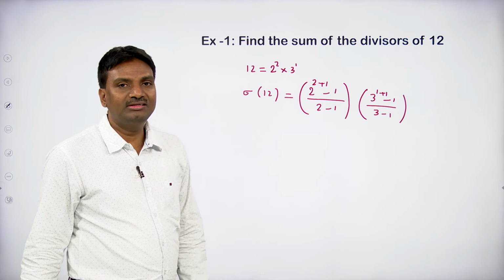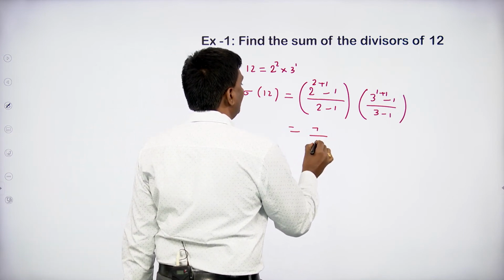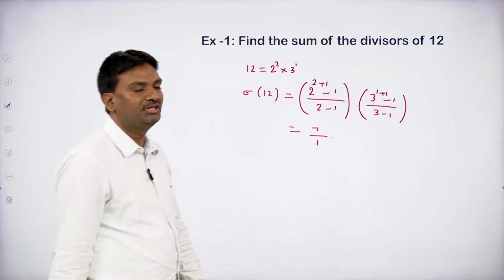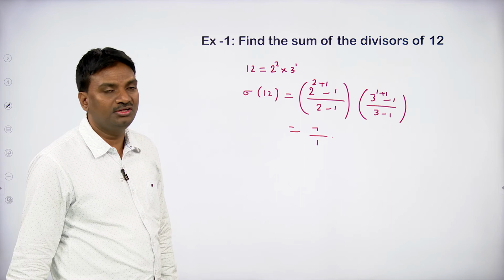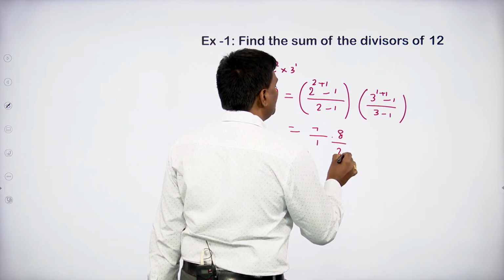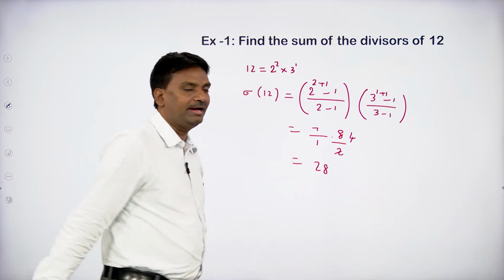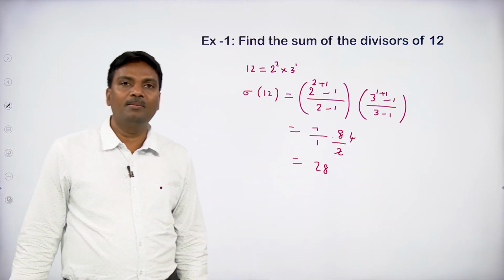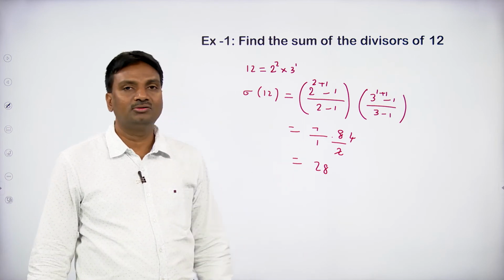Where 2 plus 1 is 3, 2 cube is 8, 8 minus 1 is 7, by 2 minus 1 is 1, into 3 power 1 plus 1, 1 plus 1 is 2, 3 square 9, 9 minus 1 is 8, by 3 minus 1 is 2, 2 4 times cancel, so 4 7s are 28. So by using the formula we can say the sum of all divisors of 12 is 28.